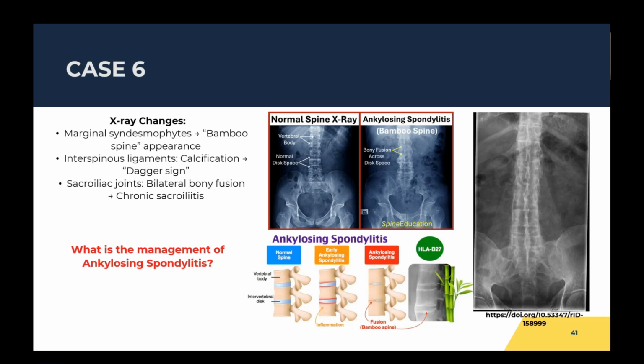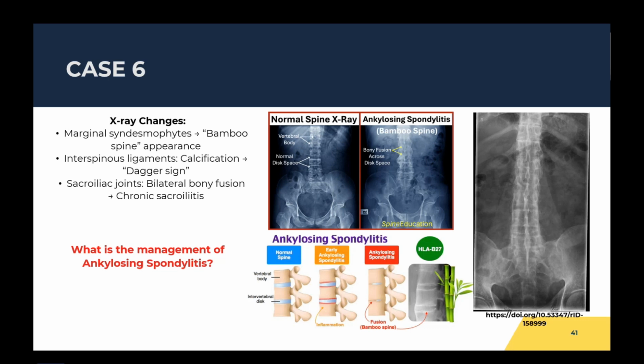This is because there are syndesmophytes that have formed, and these are bony spurs. They tend to occur at the corners of the vertebra, and these bony spurs have occurred due to chronic inflammation. And over time, this has narrowed the space between the vertebra.